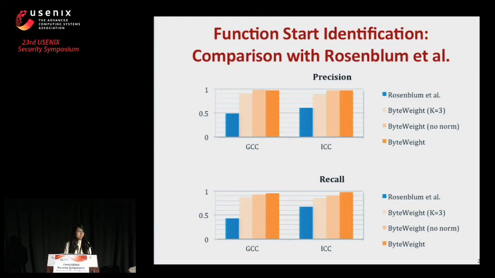And in this work, we use compiler specific knowledge. Basically, we have GCC compiled binaries and ICC compiled binaries, and they are both for ELF, because Rosenblum's implementation that we got currently works just for ELF. So we divide into two groups according to the compiler information, and then we get our result.